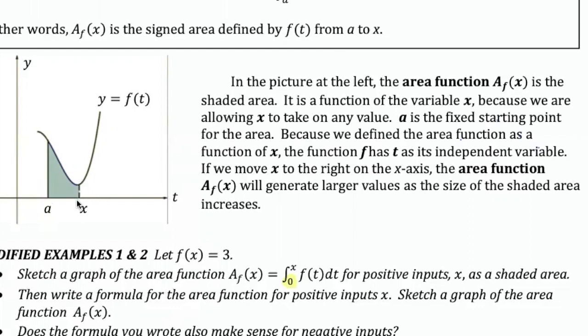So here x might be 3. We want the area function to calculate what the area of this shape is. If we were to move x to the right and create a larger shape, we want the area formula to calculate, when we plug that new x in, the expanded area. So that's what this next paragraph here is describing.